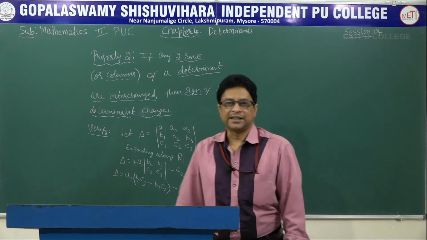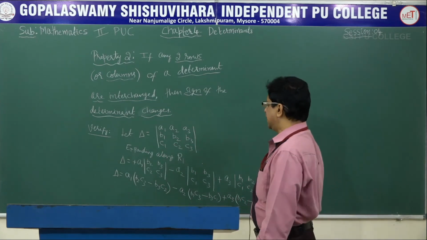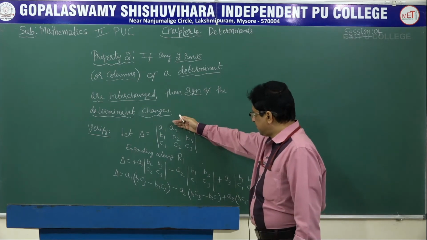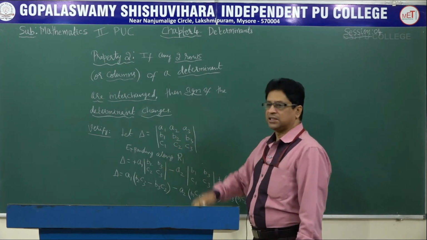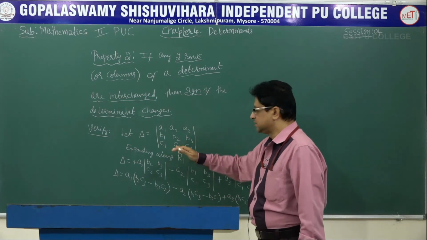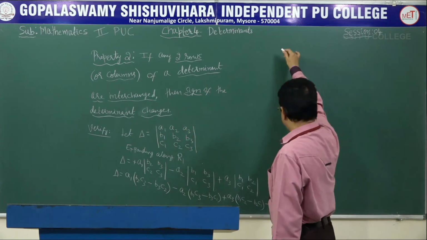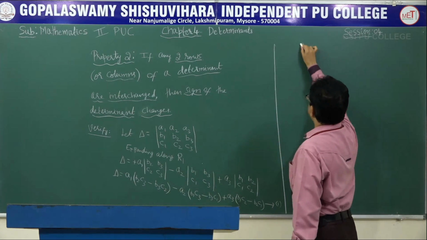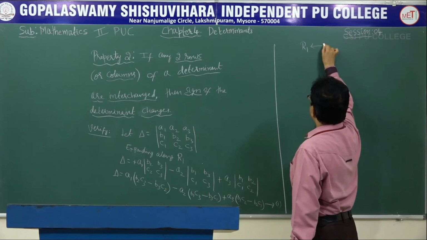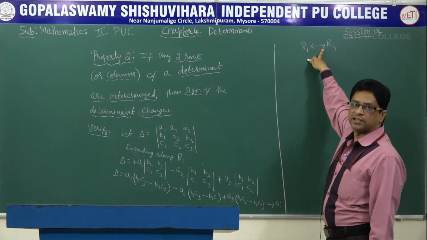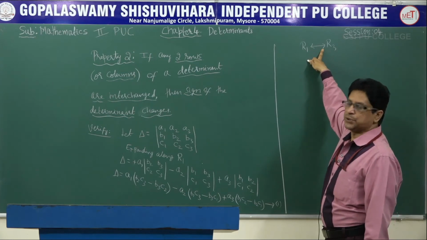Next, let delta 1 be the determinant obtained by interchanging the first row and the third row. That means let us interchange the first row and third row. The resultant determinant we call delta 1. This is the symbol which we use for interchanging any two rows.